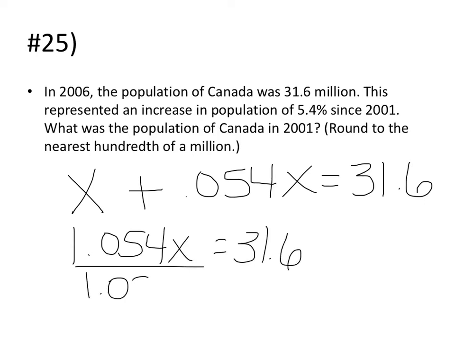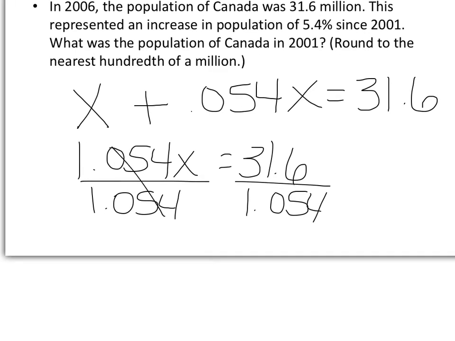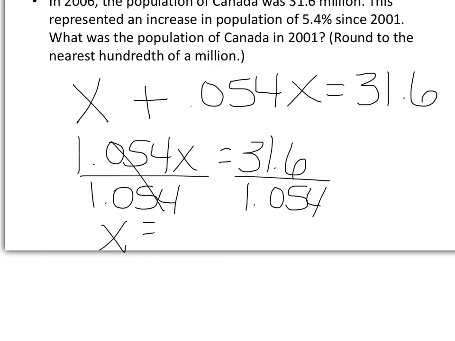You'll divide both sides by 1.054, and you get x is equal to 31.6 divided by 1.054, which is 29.98. They said round to the nearest hundredth of a million, so you can leave it just like that.